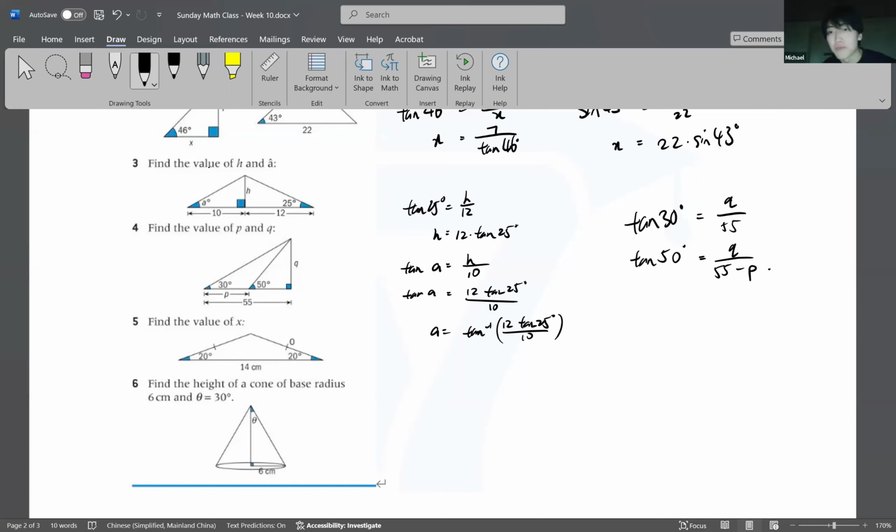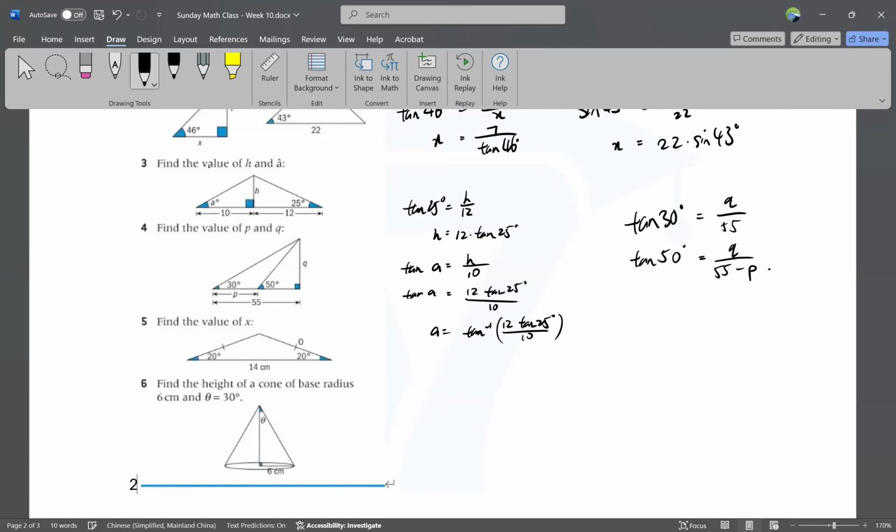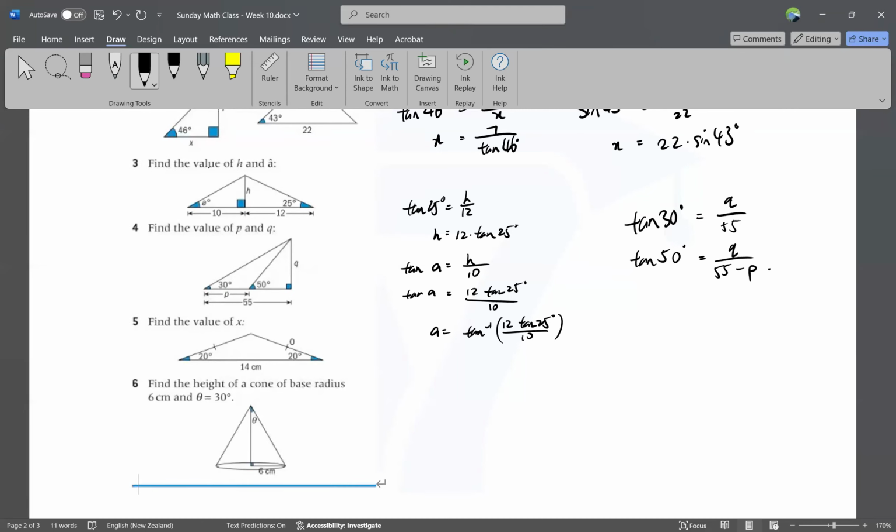Yeah, sure. Just rearranging it, it gives tan 30 equals P over 55, right? That's Q. I mean, yeah, my bad. Anyways, rearranging, Q equals P times tan 30.